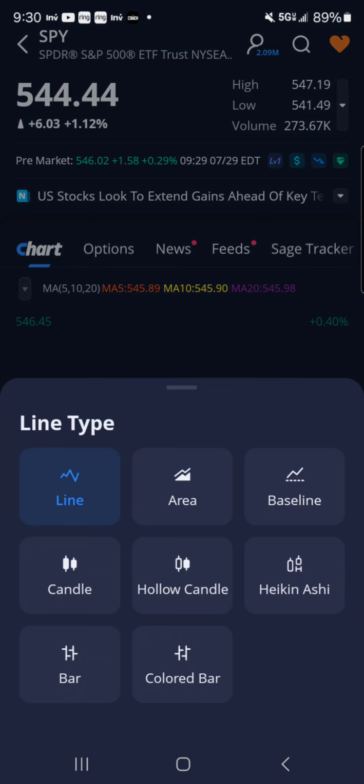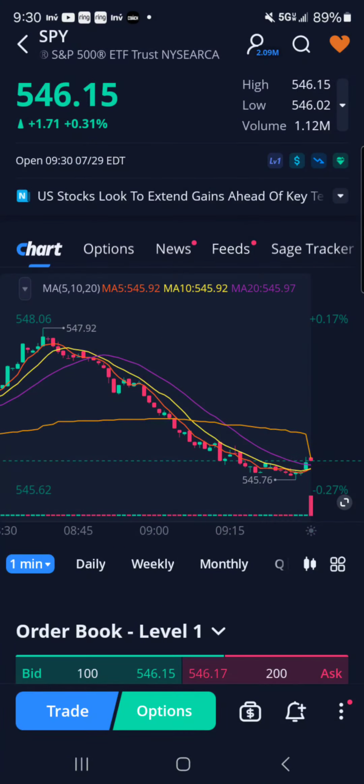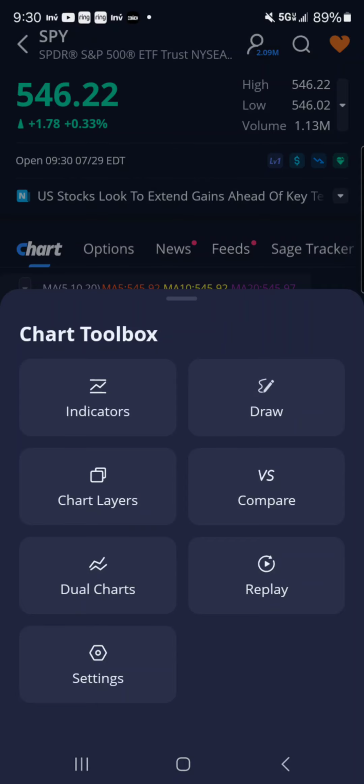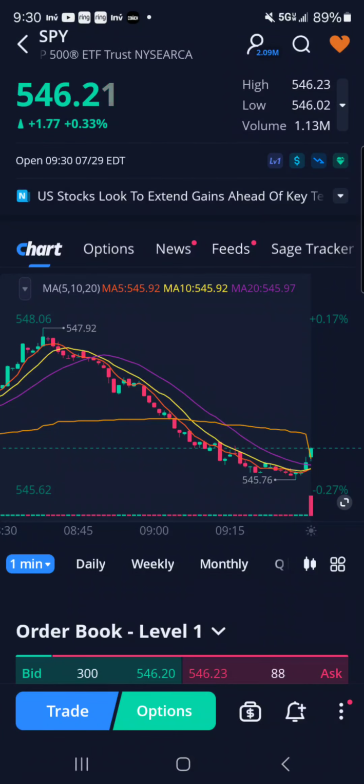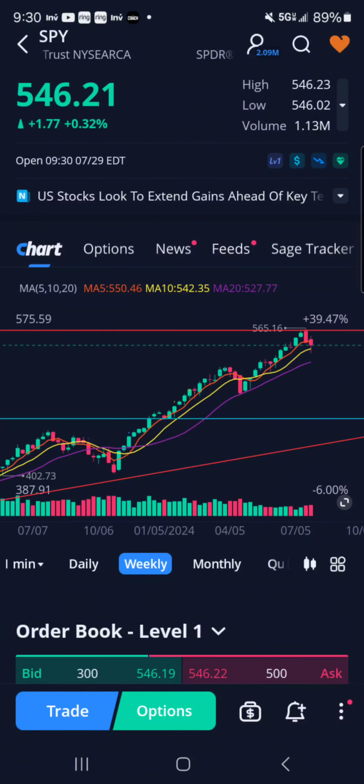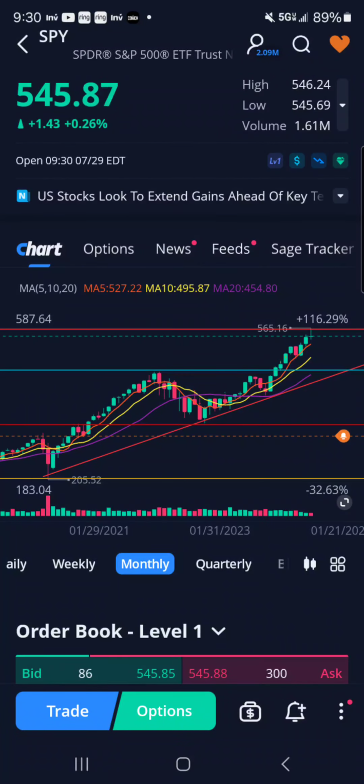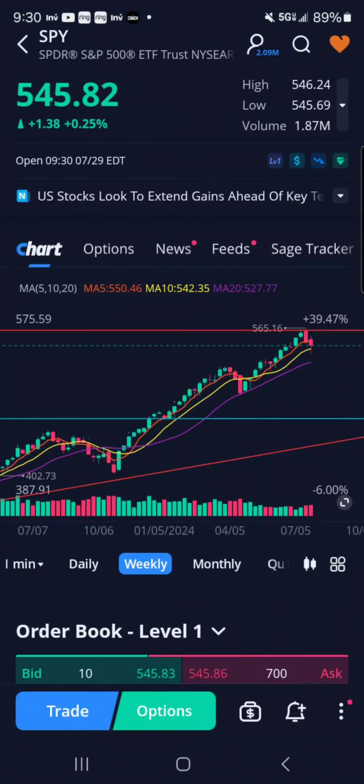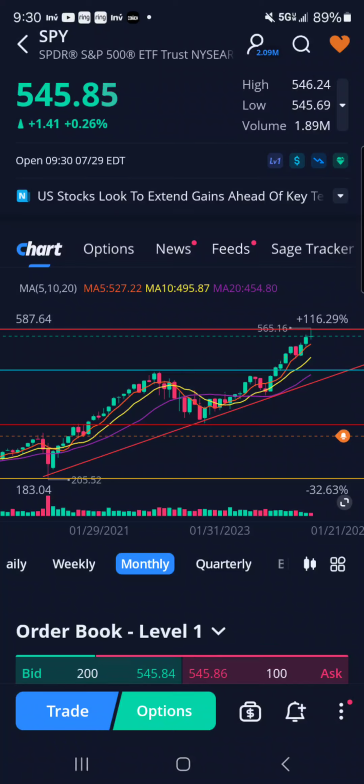What the hell? Let me go back to weekly. That's the weekly. That's the monthly. Showing you what's going on here. So on the monthly, it's showing where this could be the end of the uptrend.